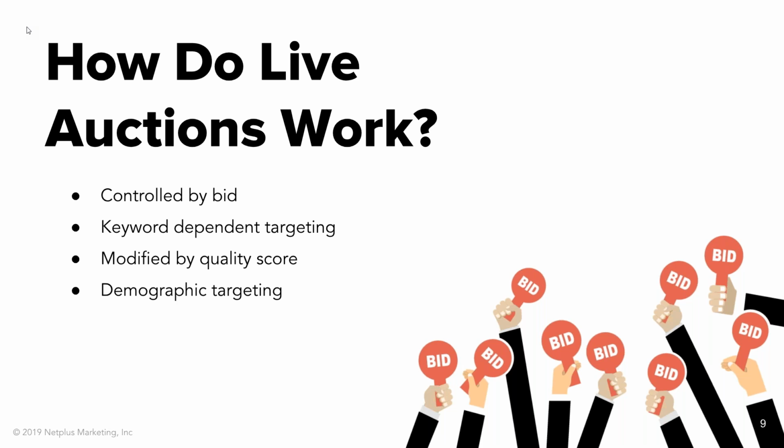Now, this is a traditional bidding system. Google's is actually modified by something known as quality score. So what that means is that the actual experience that the user has on the landing page is absolutely essential to this experience and does influence the auctions.